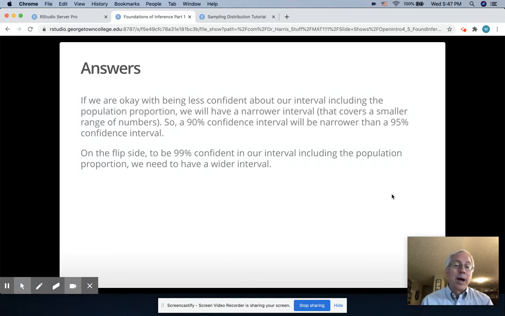A phrase I've used in classes in the past is, I want to cast a wider net. So to be more sure of capturing the population proportion, I need to cast a wider net. So a 90% confidence interval will be narrower than 95%, and a 99% confidence interval will be wider than a 95% confidence interval.